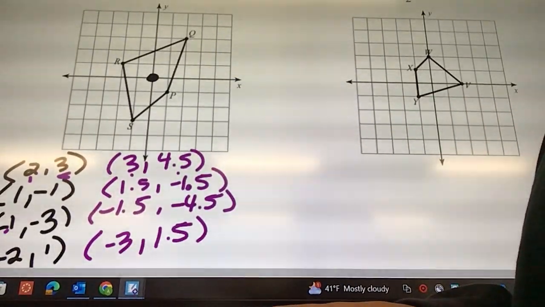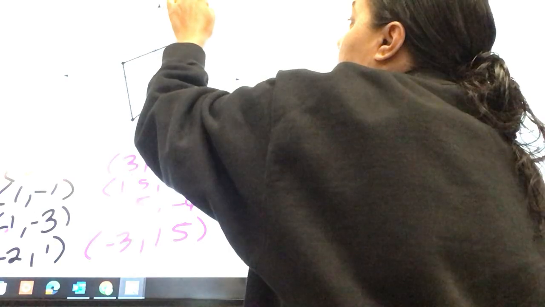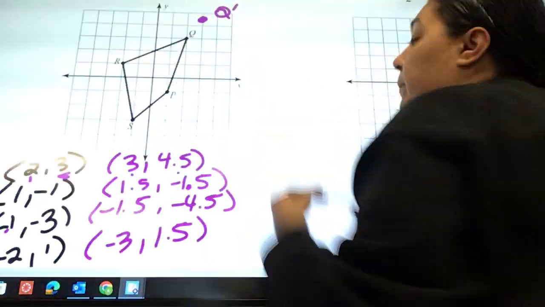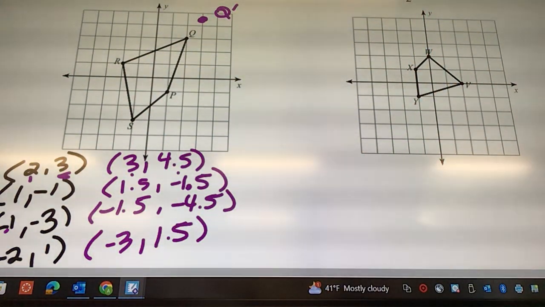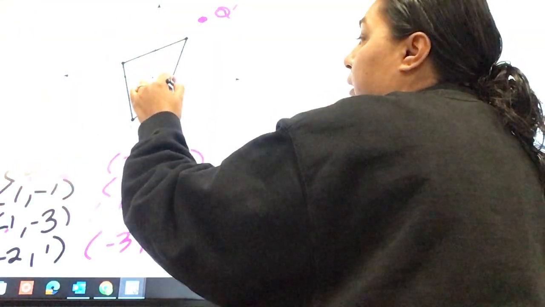This one is ready to be graphed. We're going to get 3, 1, 2, 3, and then 4.5. So 1, 2, 3, 4, and then 0.5 is somewhere in between. Then 1.5, and then down 1, and then 0.5. So this is going to be P prime.